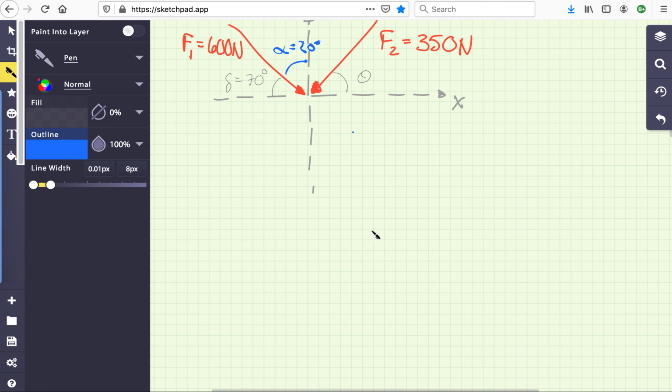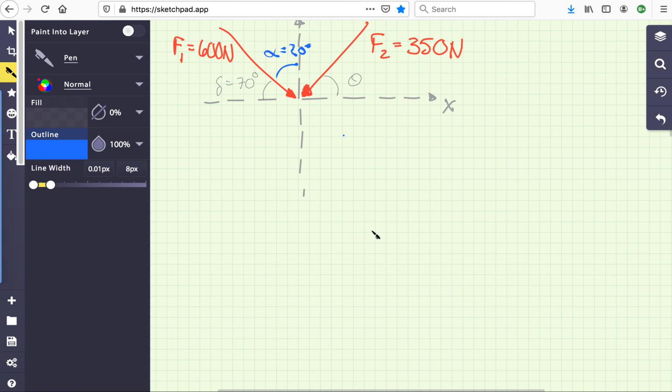But first, let's draw a little bit of a picture of what this looks like. So we have this vertical line.